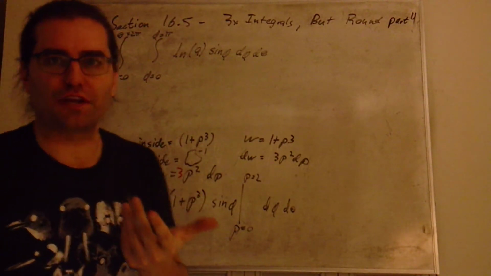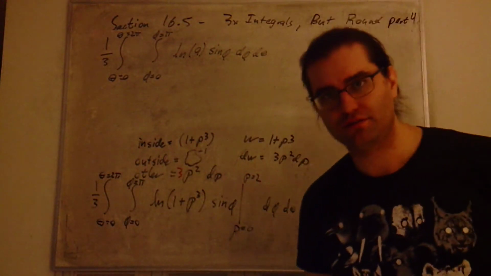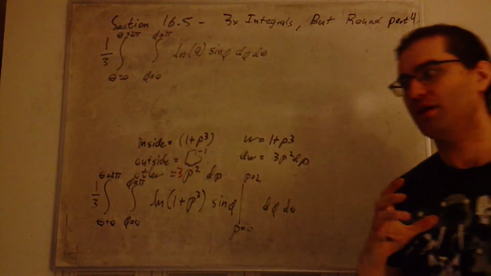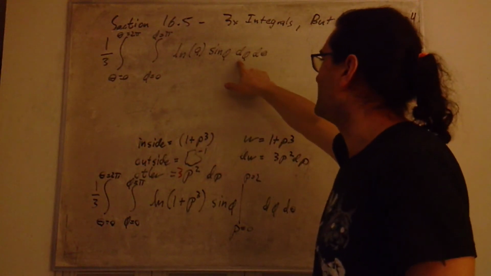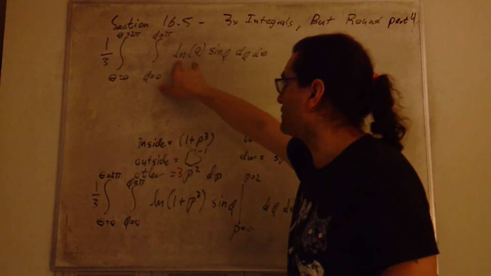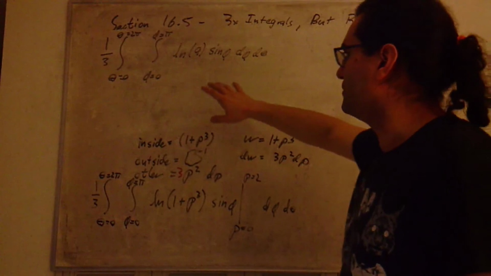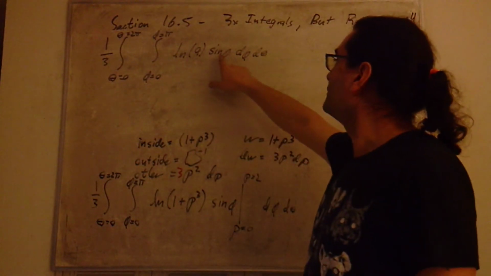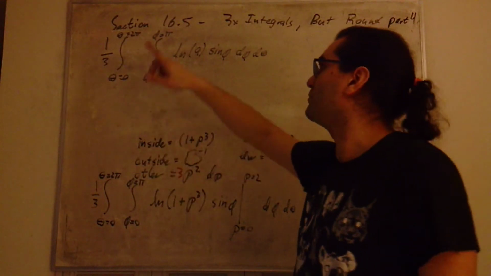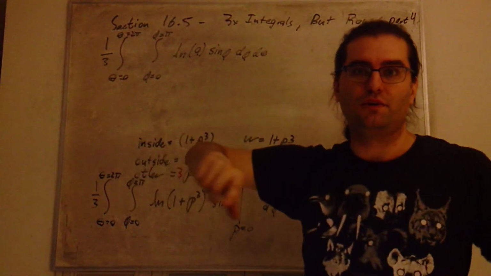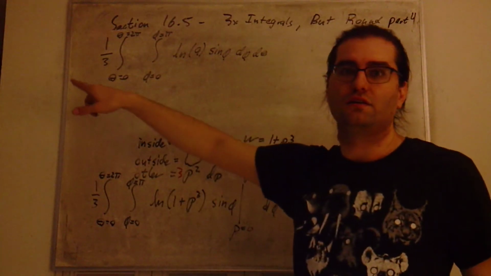So here's a little trick. Hopefully you remember from our volume of a sphere video, when we integrated the sine of phi, it became negative cosine phi. Natural log is just a constant in this case. We could bring it to the outside if we wanted, and I probably will. But the integral of sine of phi is negative cosine. And when we plug in pi, we get negative 1 minus negative 1.